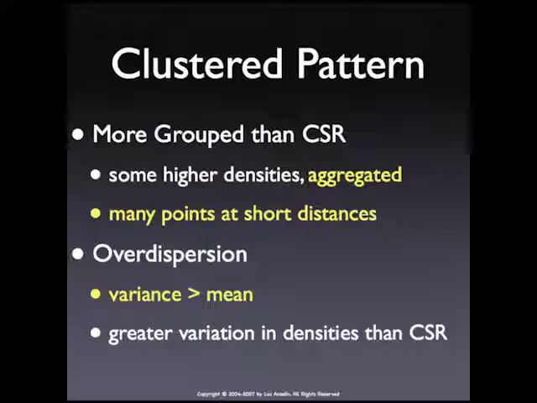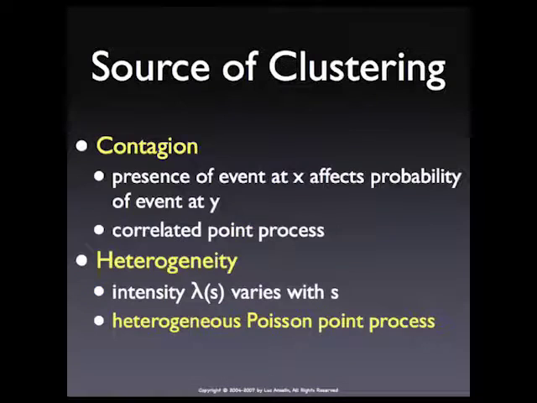And the bad news is that basically it's impossible in most situations, without additional information, to tell which of these it is. We'll call this later on the problem of apparent contagion versus true contagion. It looks like contagion, but it isn't contagion. In fact, it's heterogeneity.